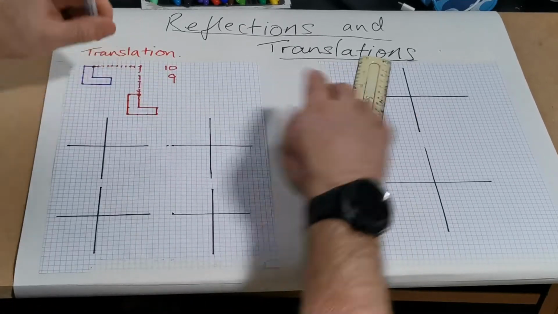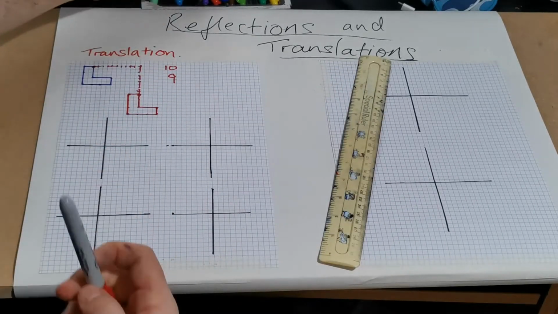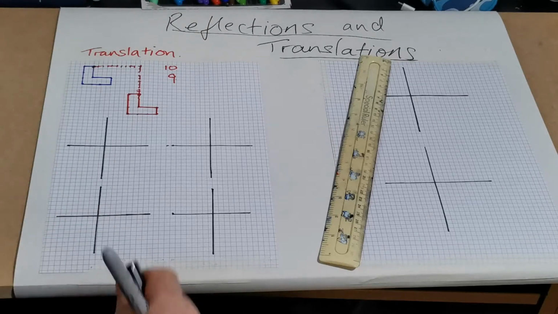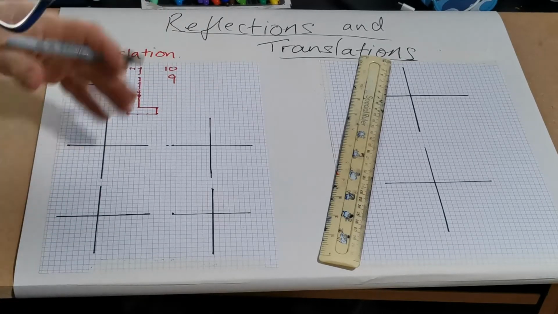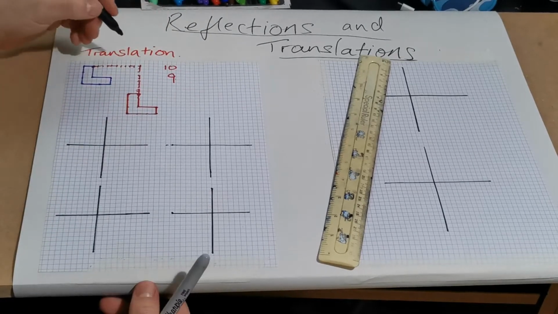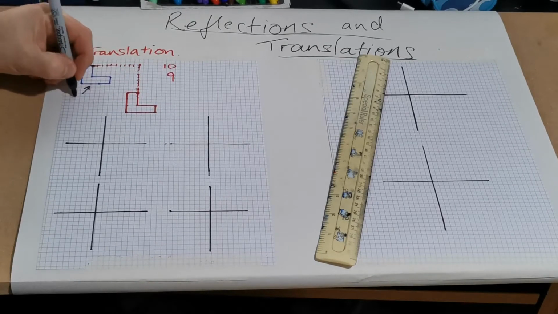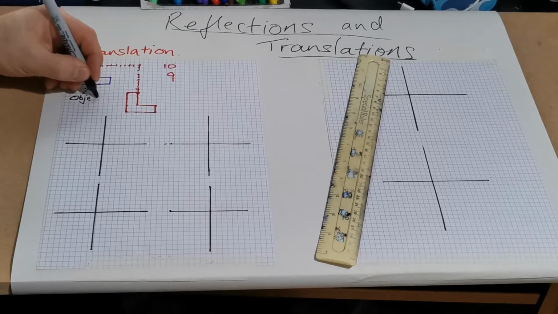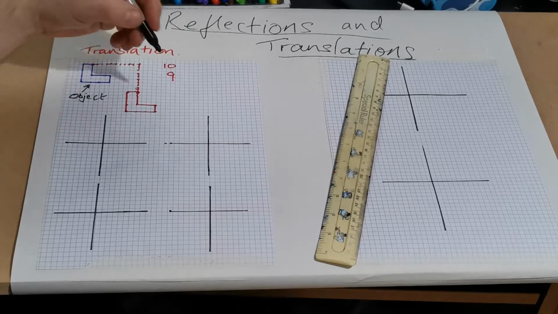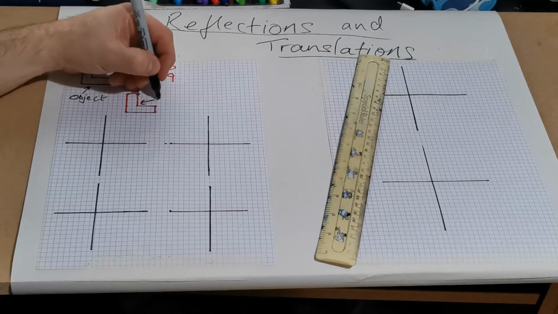So what I've done in effect is I've transformed the position of the shape. And when I've transformed the position, what I started off with was called my object, and what I ended up with was my image.